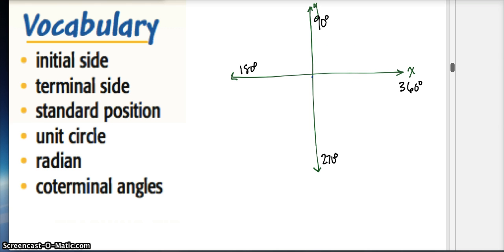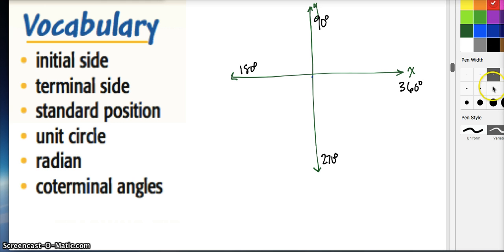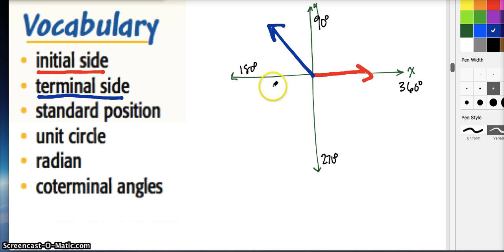The red ray that I started off with, I'm going to put it back there, is called the initial side of an angle when we're considering angles placed on the coordinate plane. And then the blue ray, which could be anywhere, just moving about, is called the terminal side. So it's the ending side. When we talk about standard position of an angle, we're talking about placing an angle here.